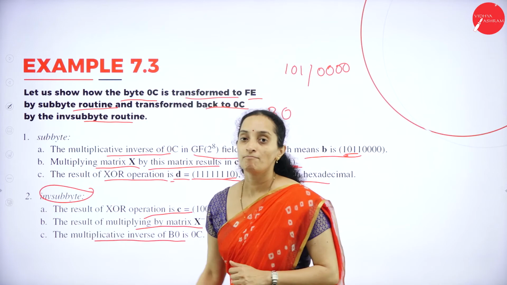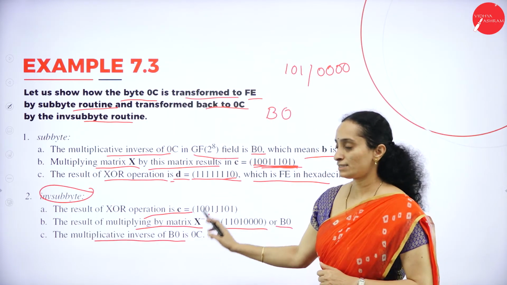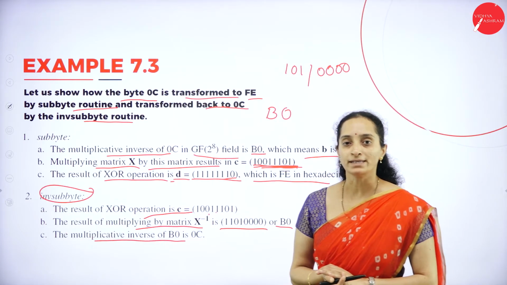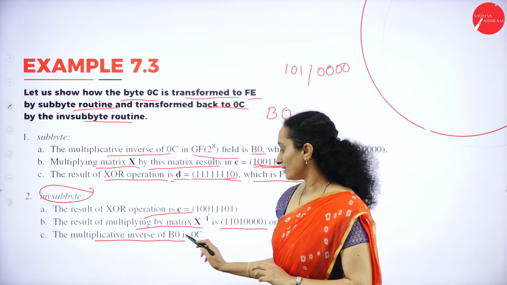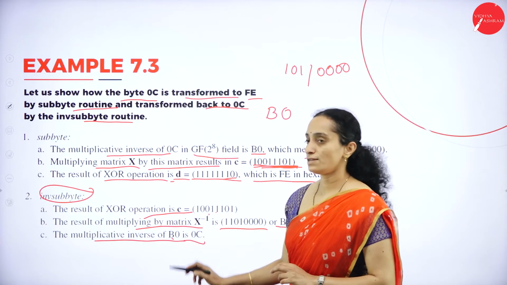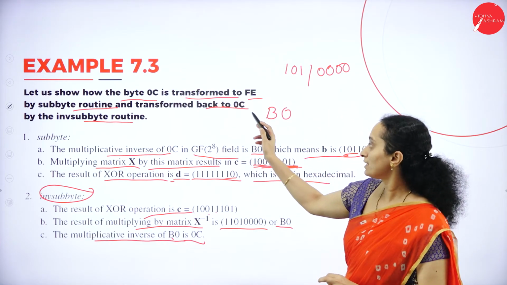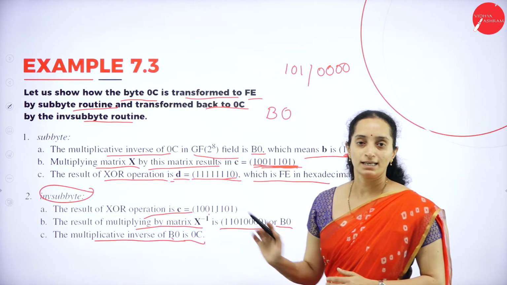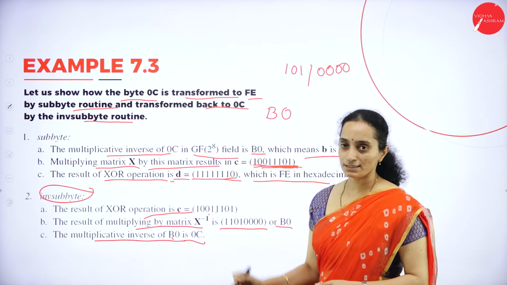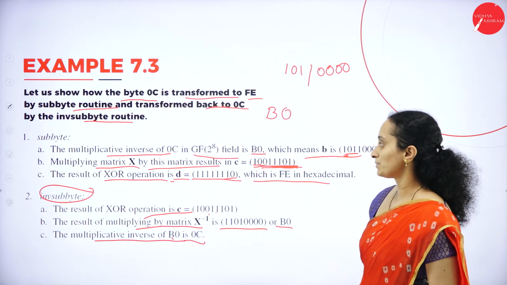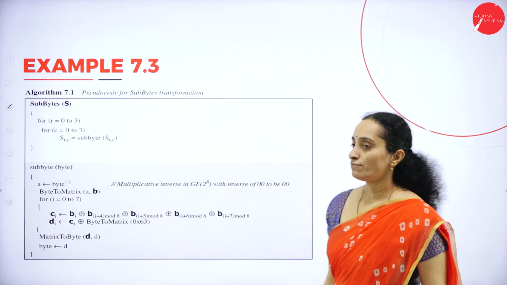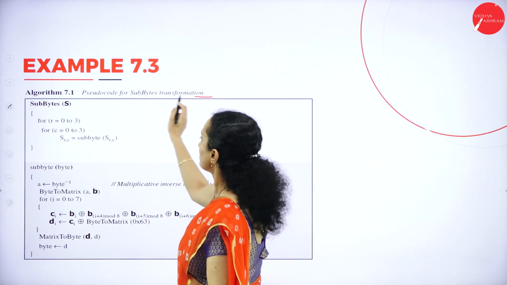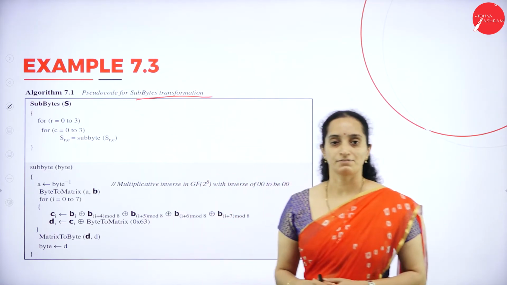This is the multiplicative inverse generated by the invert sub byte procedure. We have the B0 which is the inverse of 0C. Okay, we get the encryption and the decryption procedures in this concept. Now we have the algorithm that can be used for the sub bytes transformation.